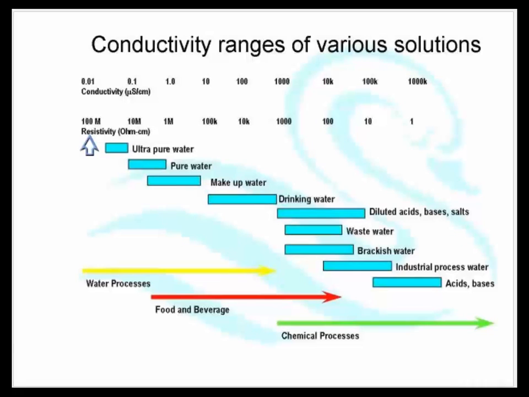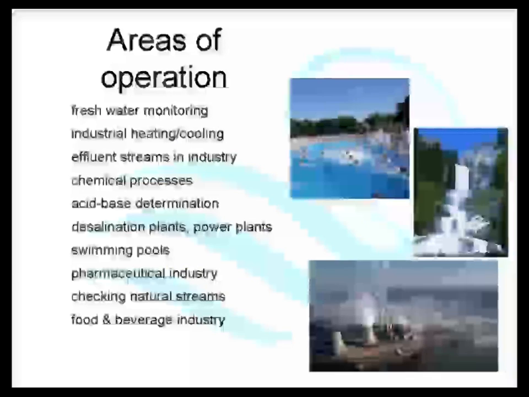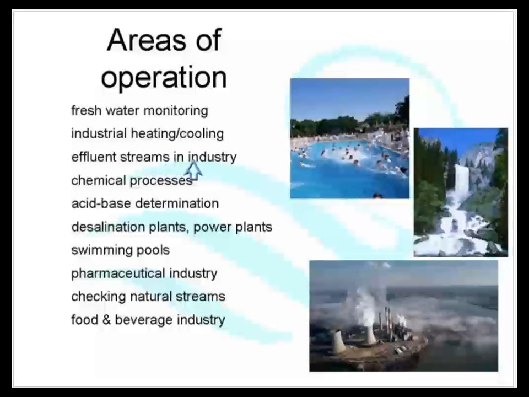So it's just a simple mega. That's all a conductivity sensor is. It's a simple mega. We use it for measuring things like swimming pools. We want to know how impure a swimming pool is because the impurity in a swimming pool is normally chlorine. And we want to know how much chlorine we have in the water.